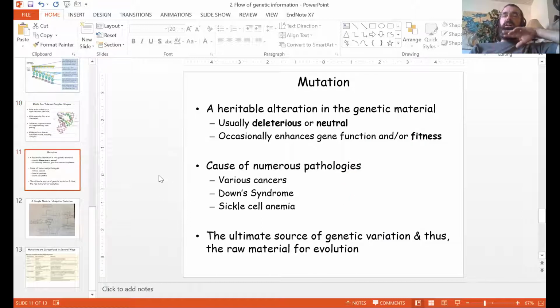So essentially, mutation is the only form of genetic novelty, right? This is something that cannot be overstated. All of us are what we are due to random mutations occurring over our evolutionary history, right?